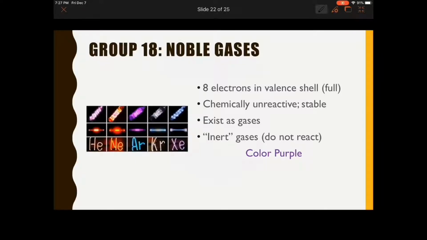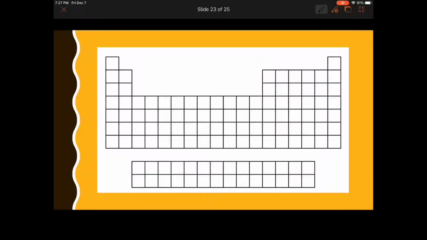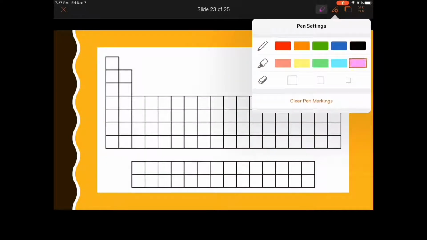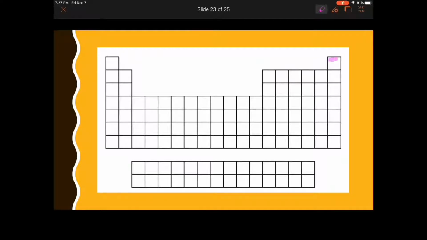Which means they don't react with the air, they don't react with water, they keep to themselves and mind their own business. We are going to color these purple. So it's everything as you're moving down the very last column.